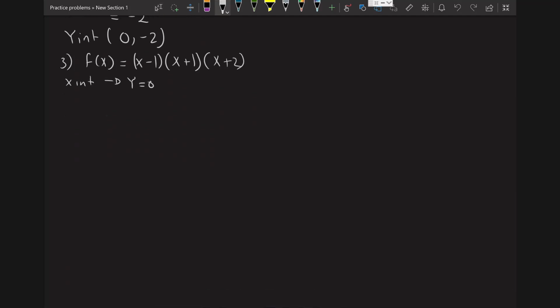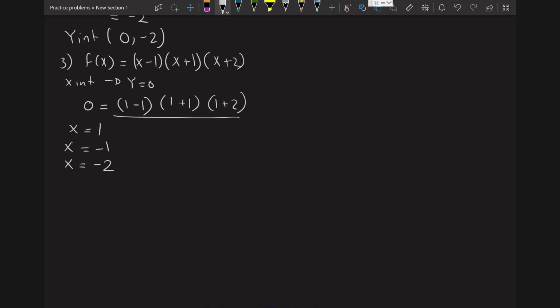In order for me to get a 0 on this side, I need at least one of the brackets to be 0. And the way to solve this is you just inverse the sign in the bracket. So x equals 1, x equals negative 1, and x equals negative 2.